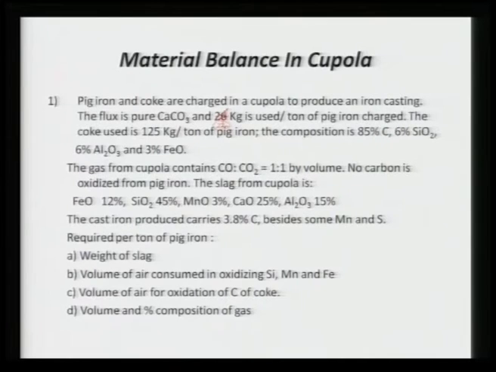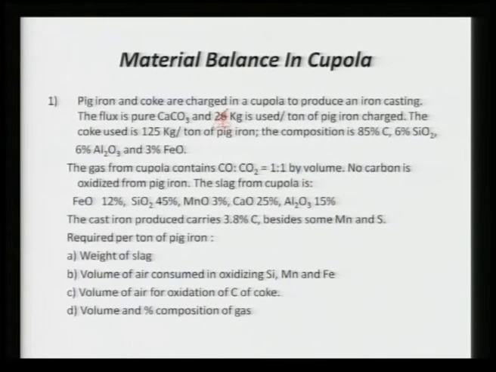The gas from the cupola contains CO to CO2 in the ratio 1:1 by volume. No carbon is oxidized from pig iron. The composition of the slag from the cupola is given. It has FeO, SiO2, MnO, CaO and Al2O3. The cast iron produced carries 3.8% carbon besides some manganese and silicon.